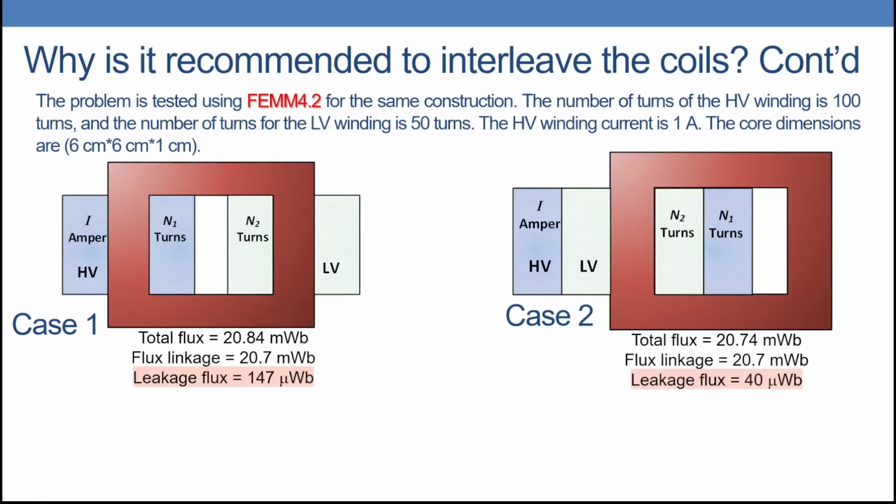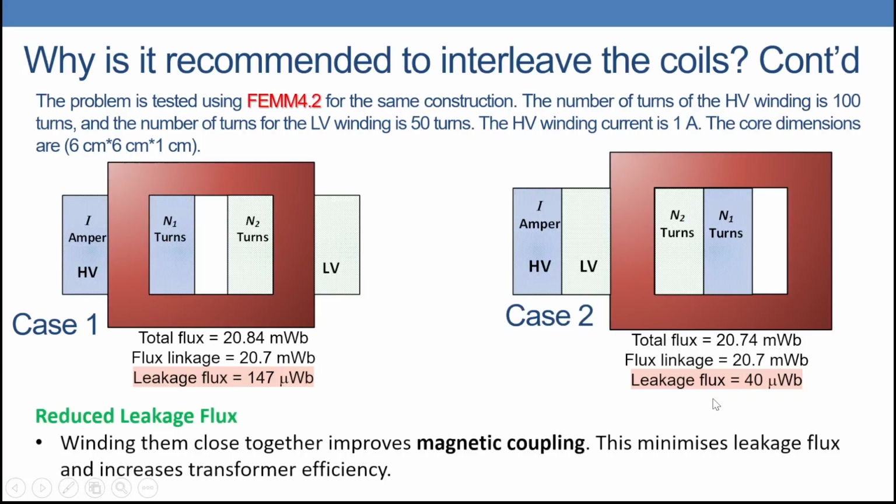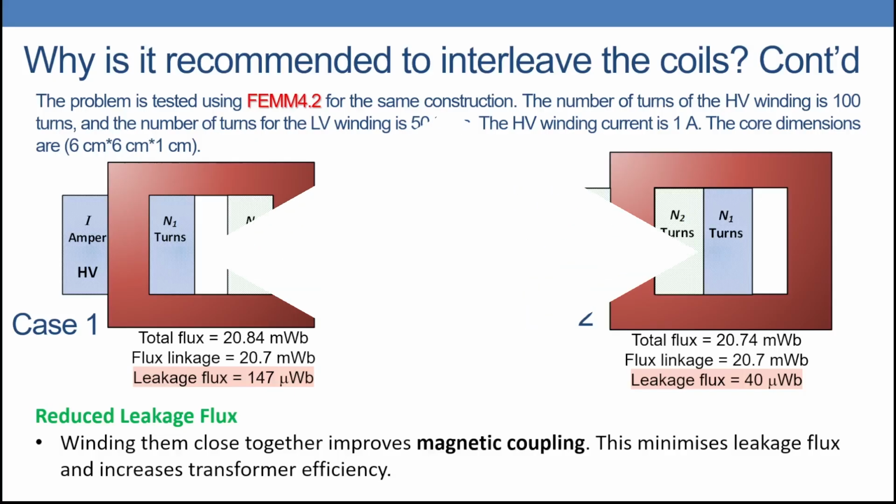The flux linkage will be the same, 20.7 milliweber, while the leakage dropped to 40 microweber. So with this arrangement, we reduce the leakage of flux massively. So winding them close together improves magnetic coupling. This minimizes leakage of flux and increases transformer efficiency and definitely improves the voltage regulation.